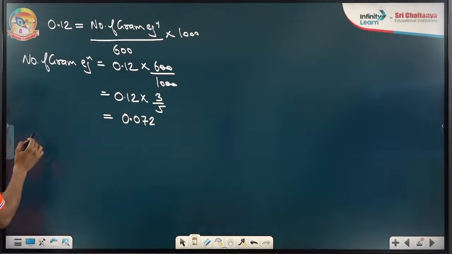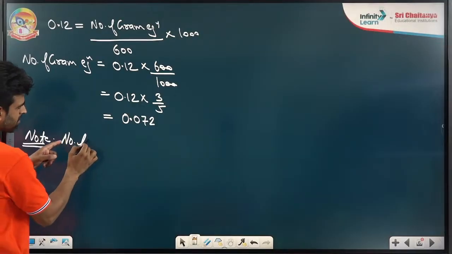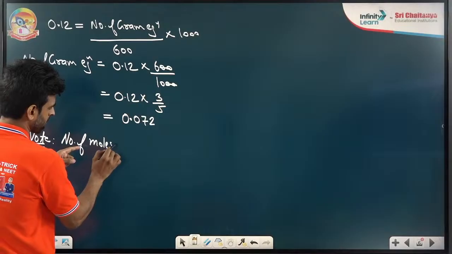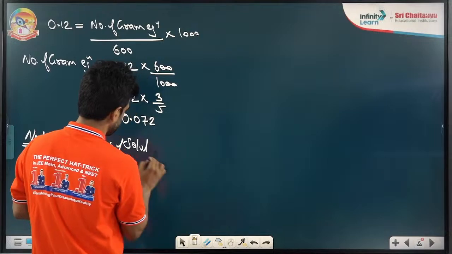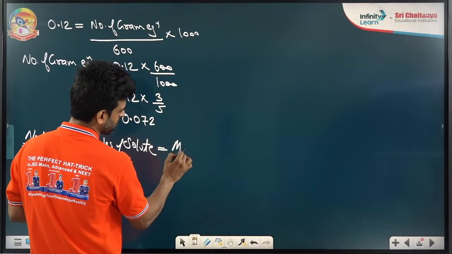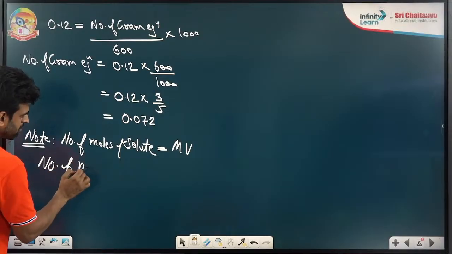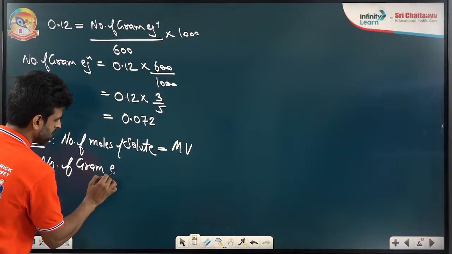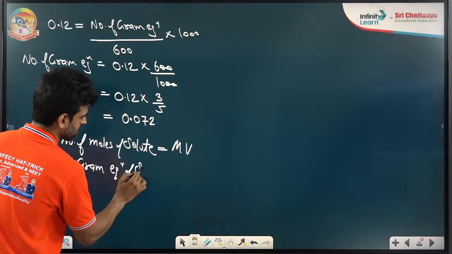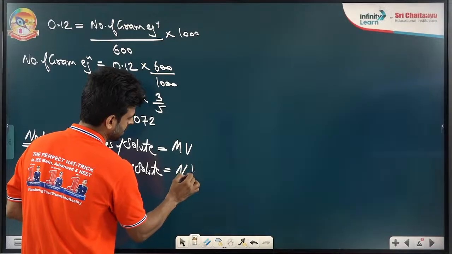So write a note here. Remember, in the topic of normality, when you are finding the number of moles of solute, using molarity you can find it. How? Molarity into volume. Similarly, if you want to find the number of gram equivalents of solute, you will do the same thing: take normality into volume.